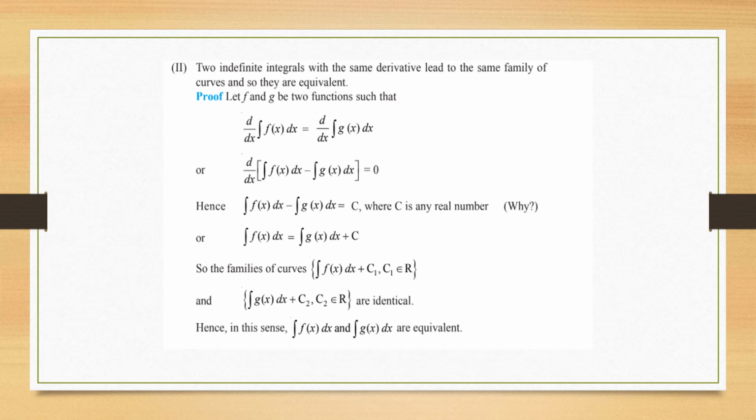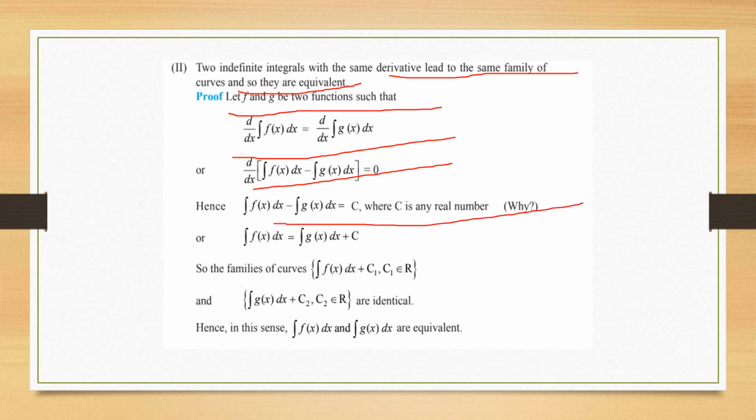Two indefinite integrals with the same derivative lead to the same family of curves, and so they are equivalent. See, let f and g be two functions such that d/dx of integral f(x) dx equal to d/dx of integral g(x) dx, okay? Bring this to the other side, we get d/dx common and it becomes integral f(x) dx minus integral g(x) dx equal to 0, okay? So let us put it as c, where c is any real number, right?